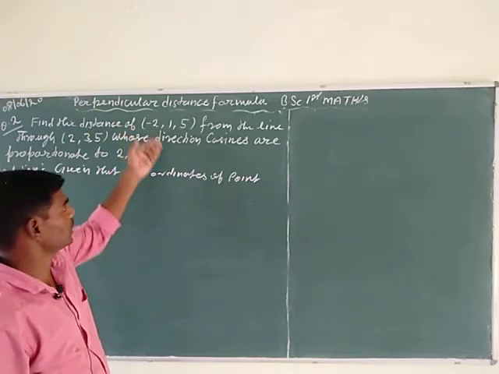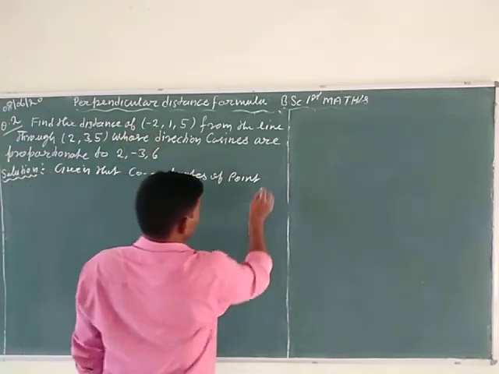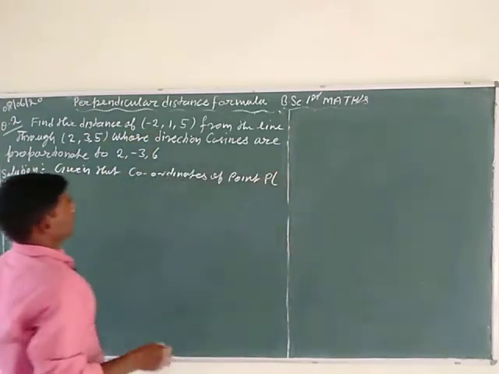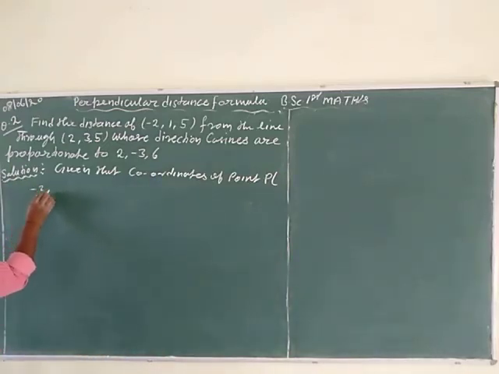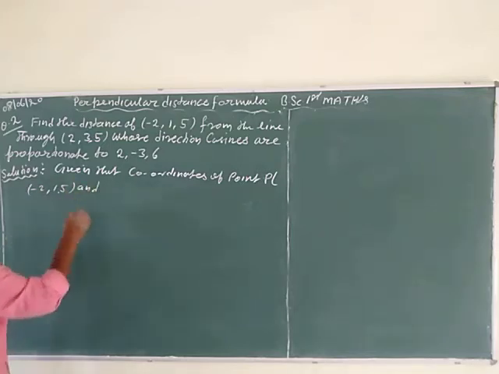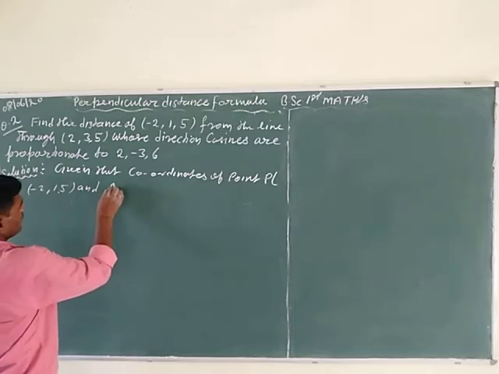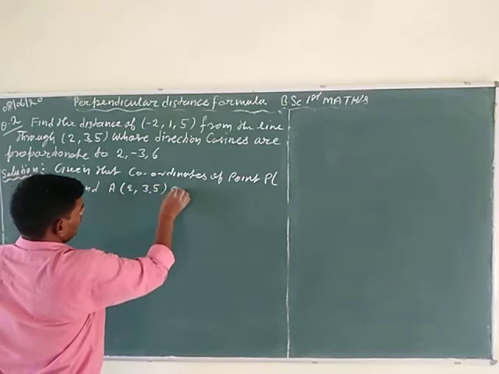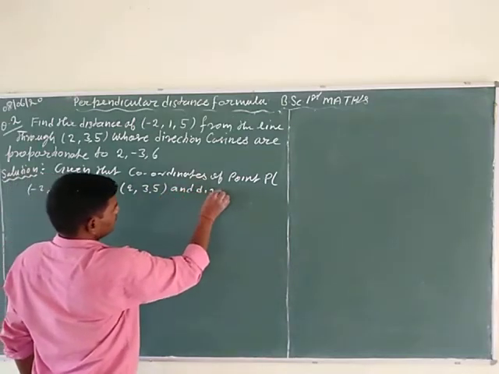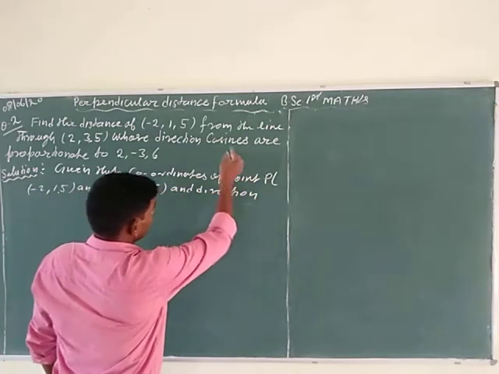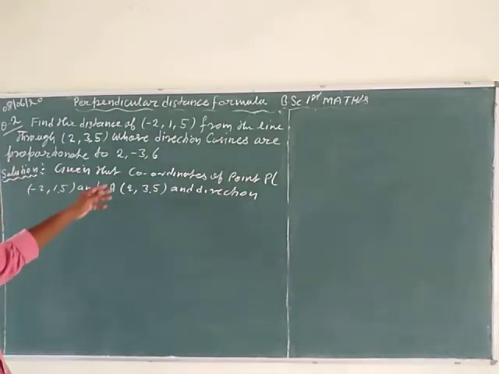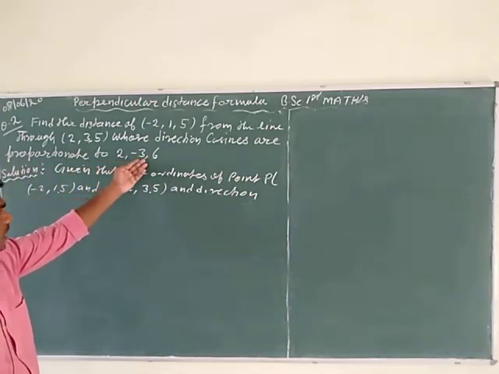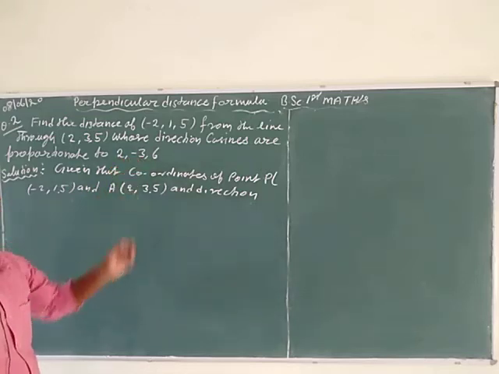Suppose this point is known as capital P, whose coordinates are -2, 1, 5, and the second point is denoted by capital A, whose coordinates are 2, 3, 5, and direction. In the question it is given that the direction cosines are proportional to 2, minus 3, 6, meaning these are direction ratios.